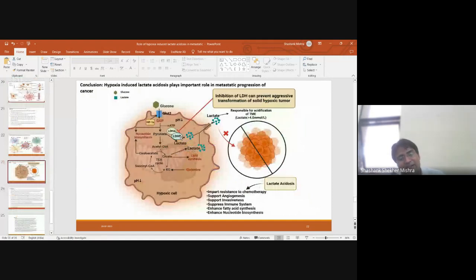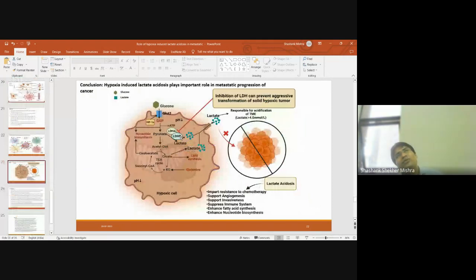Inhibition of lactate in the tumor microenvironment can prevent the metastatic progression of the cancer. There are so many people who have tumors in their body, such as lung tumors, and they are still not metastatic, but they can acquire a metastatic behavior if appropriate action is not taken on time.